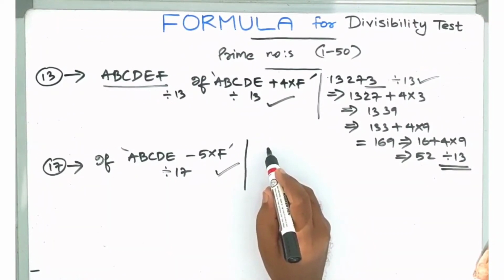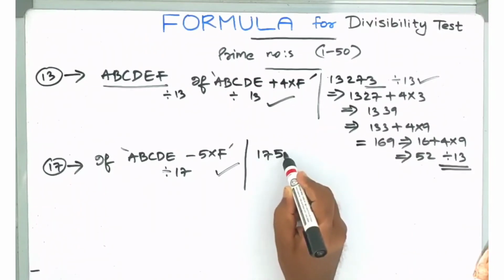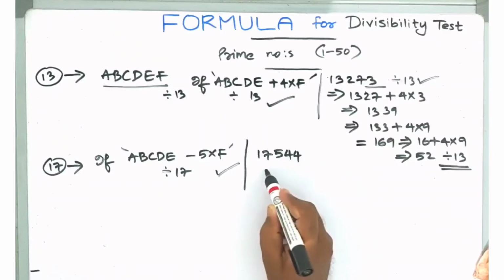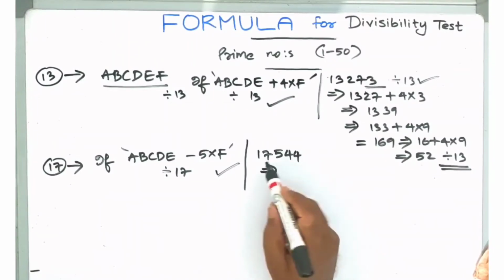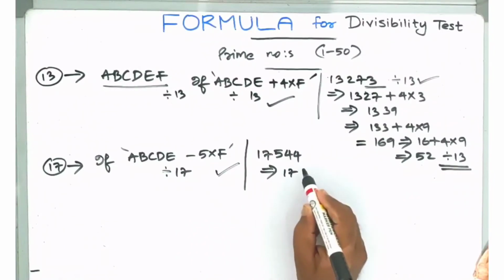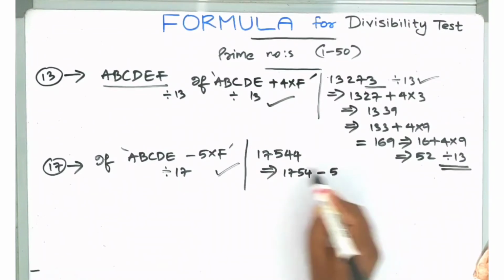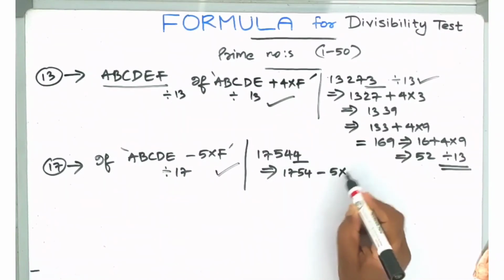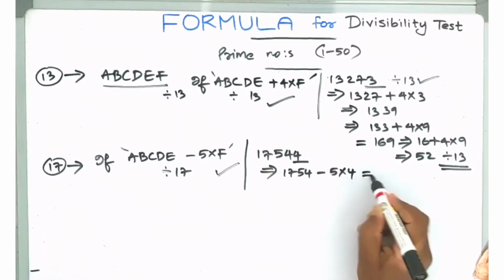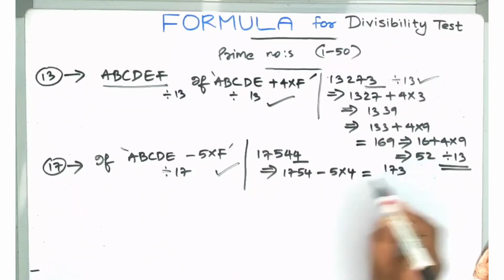So we can do an example. 17,544 is a number, and we have to check whether this number is divisible by 17 or not. Applying the rule, 1754 minus 5 into the last digit, which is 4. 5 into 4 will be 20, so we get 1734.